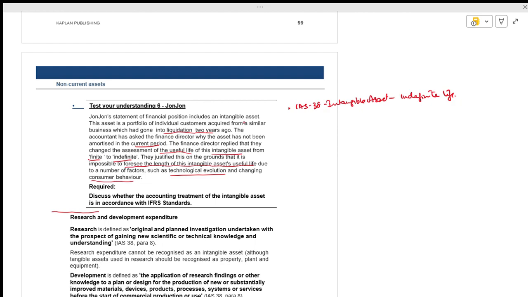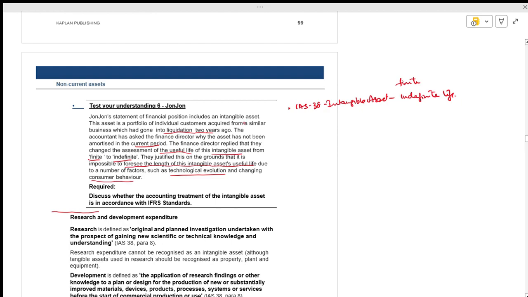What it says is that the asset is a portfolio of customers acquired from a similar business in liquidation. The accountant asked the finance director why the asset has not been amortized in the current period. The finance director replied that they changed the assessment of the useful life of the intangible asset from finite to indefinite.